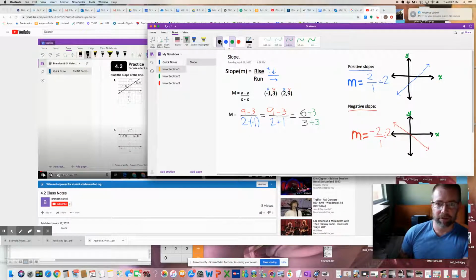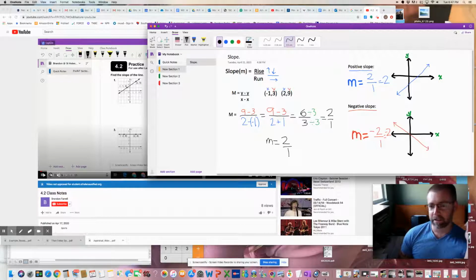So I divide them both by 3. And 6 divided by 3, of course, is 2. 3 divided by 3 is 1. So we can now say that our slope is equal to 2 over 1.